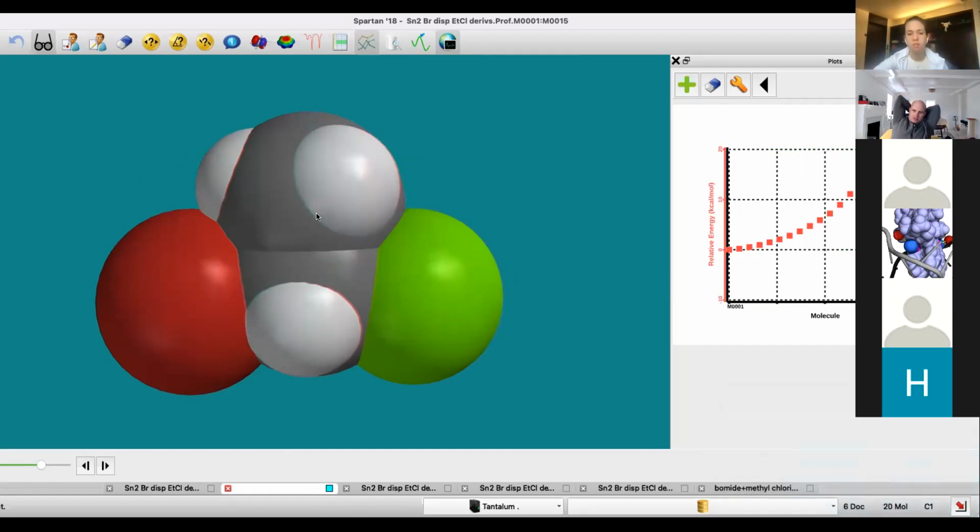Yeah, Caroline. Yeah, quick question. So obviously this is an achiral compound just because there's two hydrogens, but if you were to replace one of them with like a deuterium, I just kind of want to understand this in terms of chirality. Would the inversion cause an R to go to an S and an S to go to an R, and vice versa? Yeah, usually.